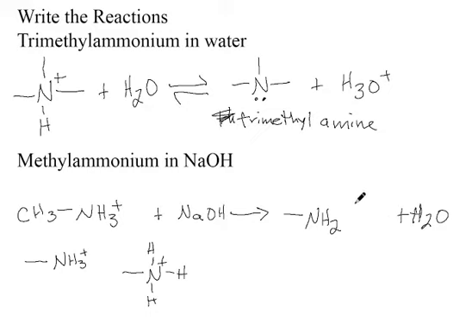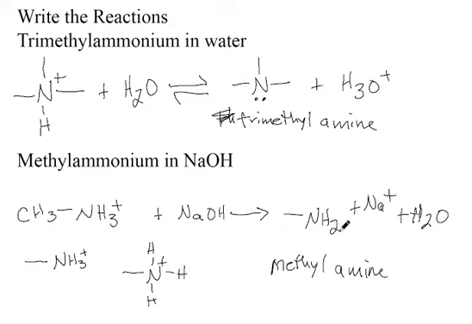And there will also be some Na+ or sodium ions in the solution, so that our charge stays balanced between the reactant side, which has a plus charge, and the product side, which has a plus charge. And this product right here is called methylamine. And now, as you see, the nitrogen has 2 hydrogens bonded to it and a methyl group.